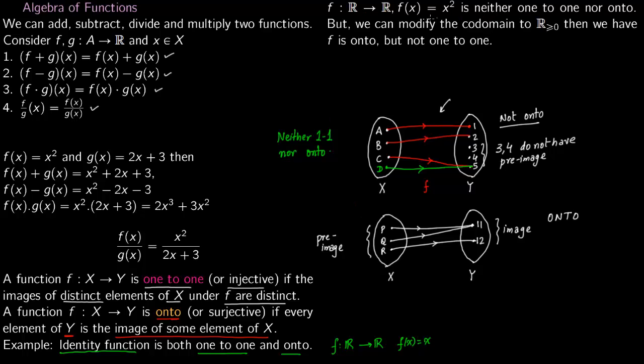So another example, say f of x is equal to x square. This is neither 1 to 1 nor onto. So it is not 1 to 1 because you take 1 and minus 1. These are two distinct elements, and both of them get mapped to 1. Because 1 square is 1 and minus 1 square is also 1. So there are two distinct elements getting mapped to a single element. Therefore this is not 1 to 1.